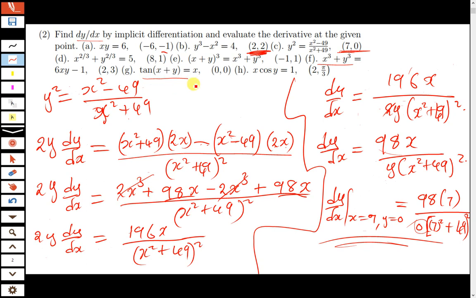Yeah, so this one you can solve it using two methods. You can first express it into a compound angle formula and then differentiate, if that's the best way you can solve it. But the other way you can solve this is just direct, the way it is, tan x plus y.